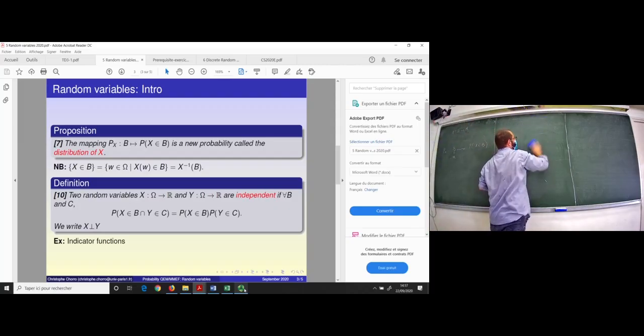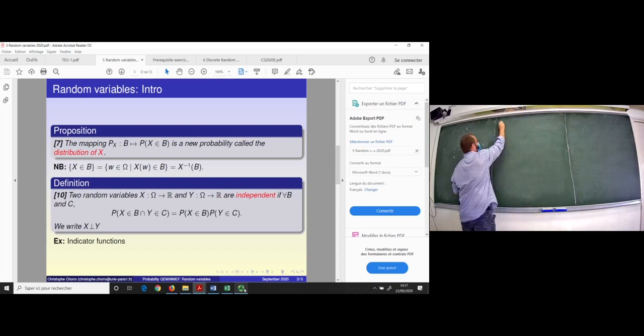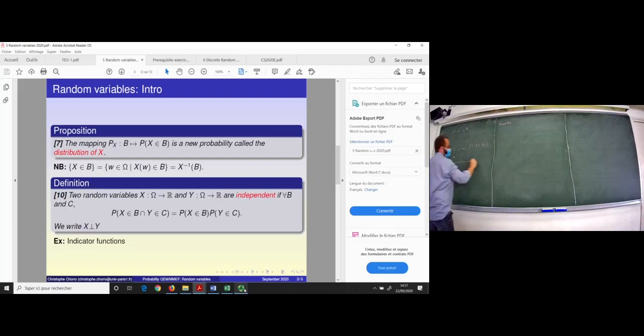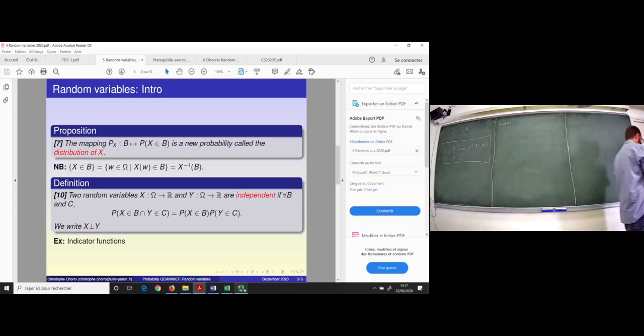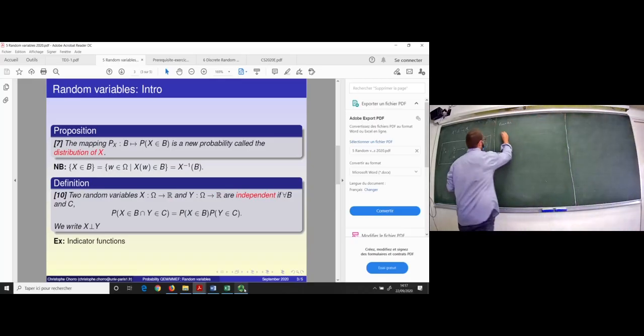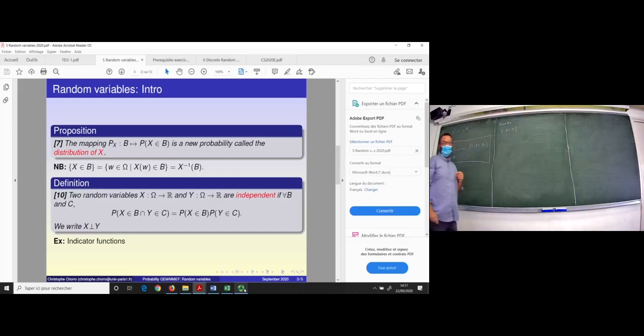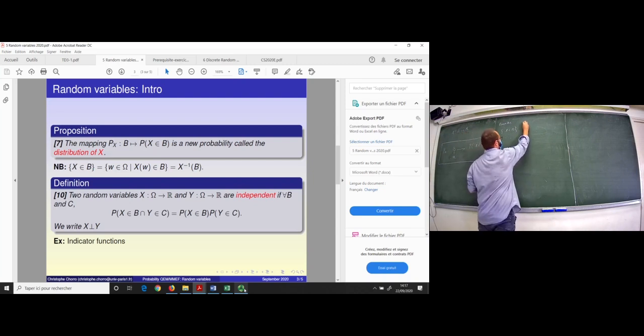So, a little reminder before doing this. I define P of X this way: to any subset of R, I associate the probability that X belongs to it. Concerning the notation, the event X belongs to B is just a notation for the following.